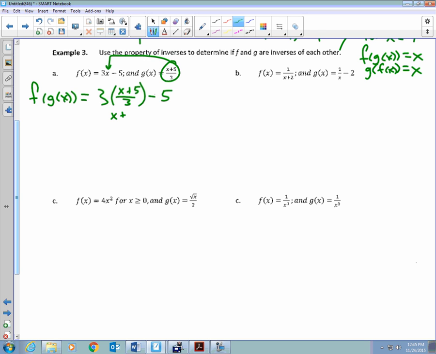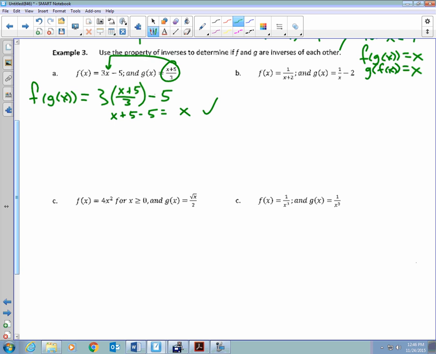I get x plus 5 minus 5 is equal to, and that's what I want to get, because x plus 5 minus 5, the 5's will cancel, right? I have to come up with x. If I don't, they're not inverses of each other.